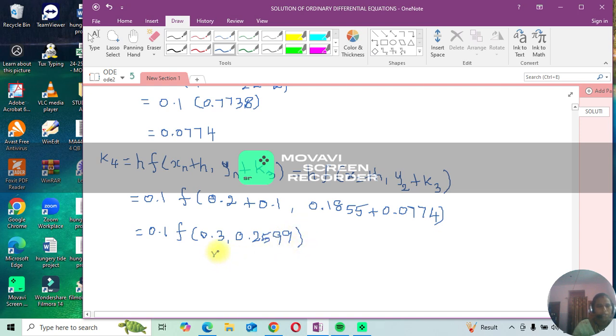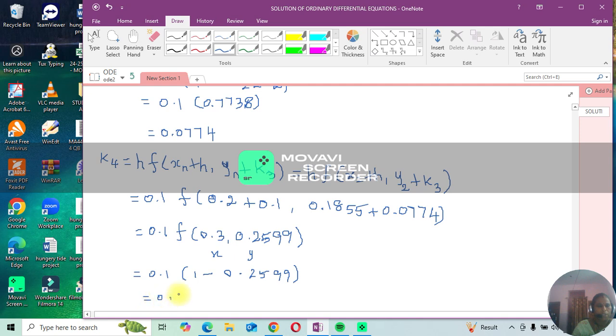So this is the x value and this is the y value. Now 0.1 into 1 minus y. What is y? 0.2599.